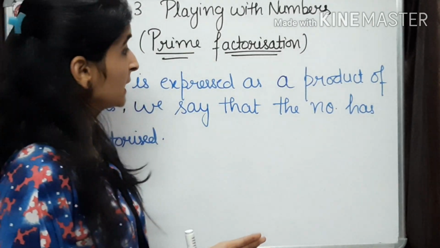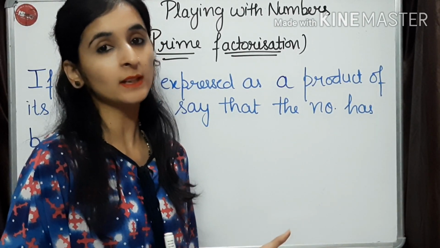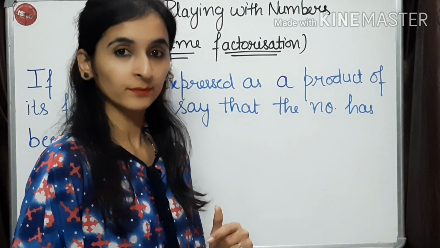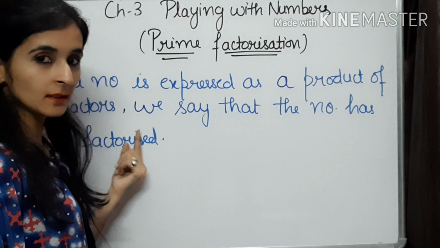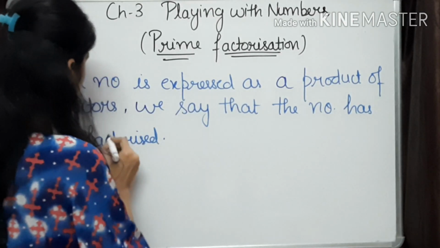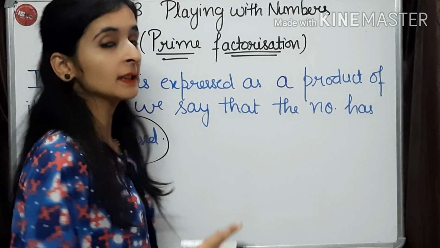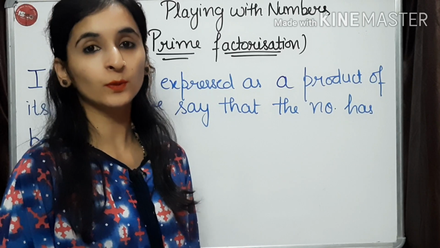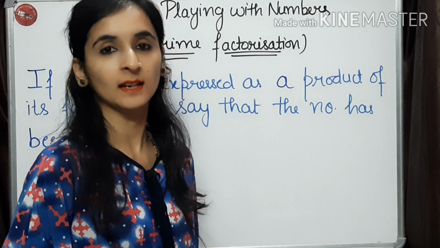Prime factorization means writing a number as a product of its prime factors. If it is written as a product of its factors, then it is factorized, but if a number is written as a product of its prime factors, then it is prime factorized.